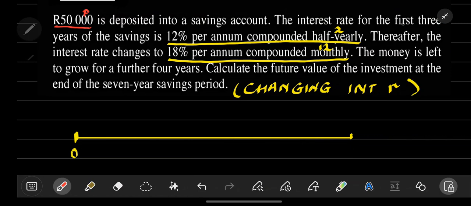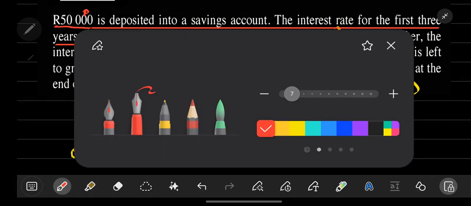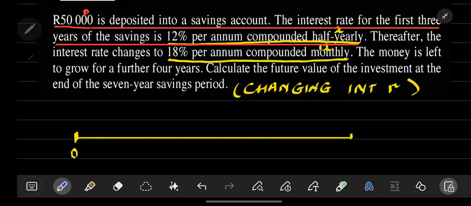The first statement, let me underline it red. For the first 3 years, it runs for a 3-year period. We have 50,000 there, which was deposited at 12% per annum compounded half yearly.